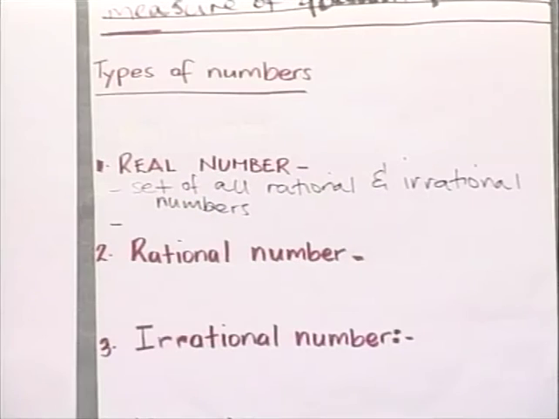Okay, real numbers is a set of all rational and irrational numbers. The simple way you would put it also is any number that you can put on a number line.